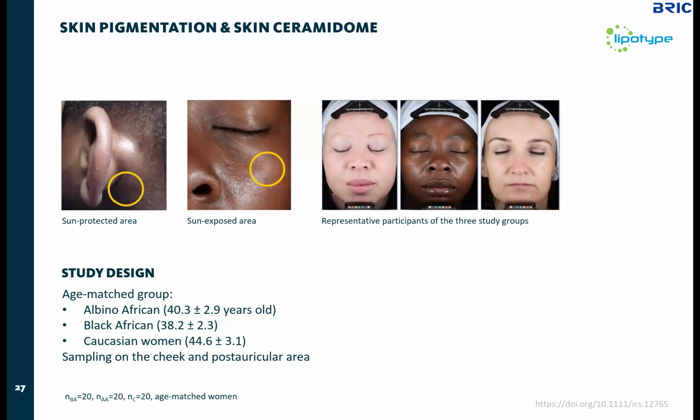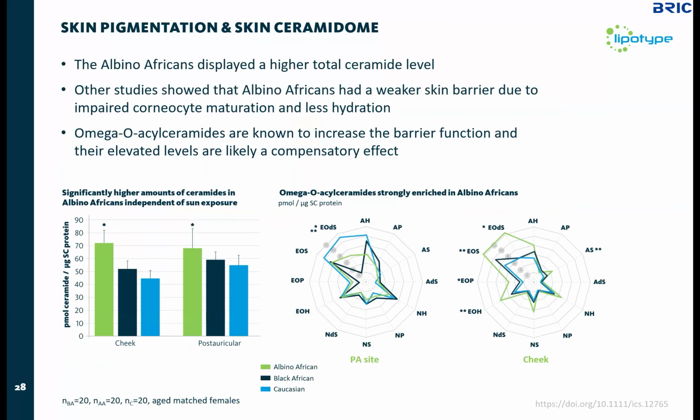So when we looked at lipid profiles in these participants, it turned out that albino Africans have displayed higher total ceramide amounts. And when we looked particularly at ceramide profiles, it has been shown that levels of omega-OSL ceramides were significantly upregulated in this study subpopulation.